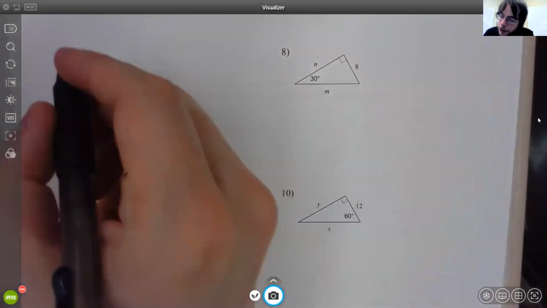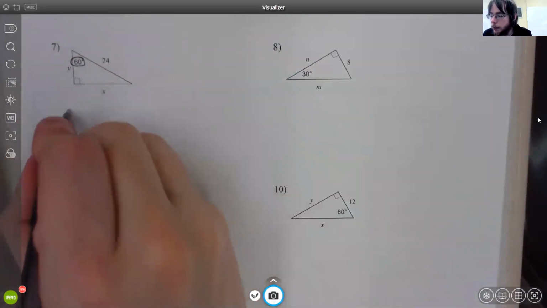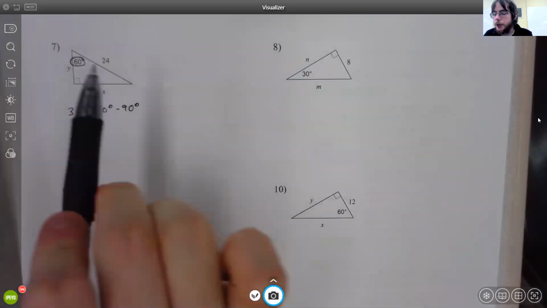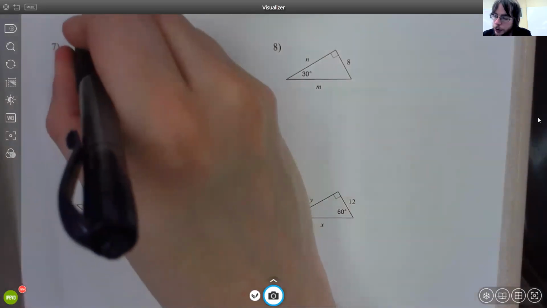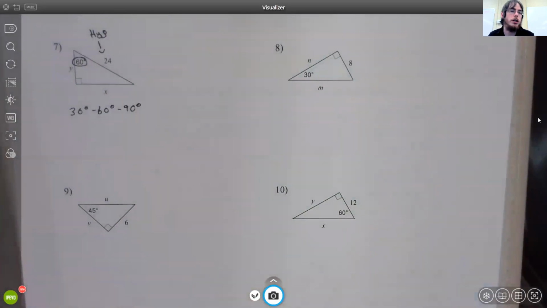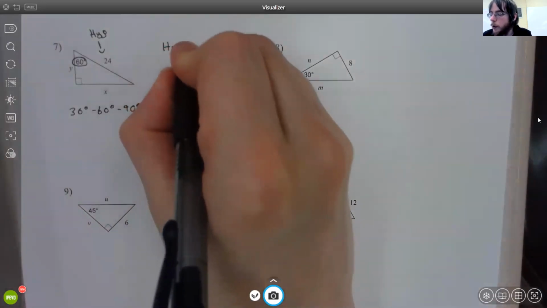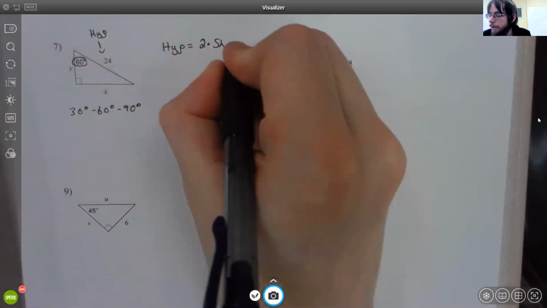So number 7. We see that we have a 60-degree angle here, which means we're dealing with a 30, 60, 90 triangle. Now your side that's labeled here is a 24. That is your hypotenuse. So we need to find the short leg first. So to find that, we need to take our formula hypotenuse equals 2 times the short leg.